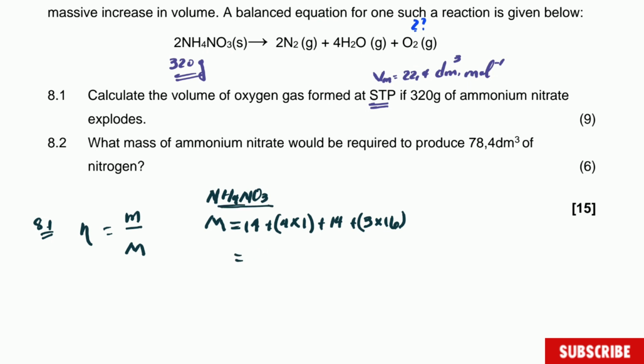There is the ammonium nitrate, guys. When you do that, you get 80 grams per mole, and that is the molar mass. So when we substitute to calculate the number of moles, we have number of moles equal to 320 divided by 80, and that will give you 4 moles.